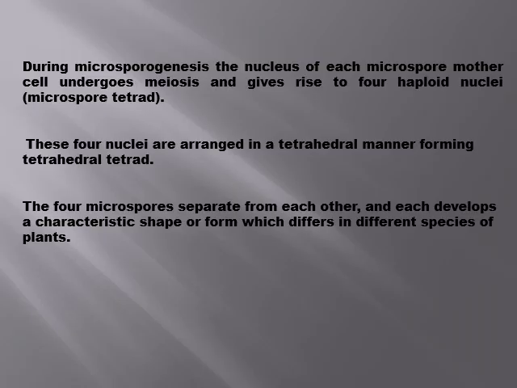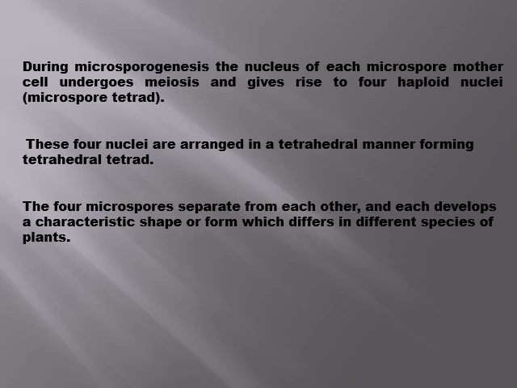During microsporogenesis, the nucleus of each microspore mother cell undergoes meiosis and gives rise to four haploid nuclei, or the tetrad. So what happens during microsporogenesis? The nucleus of each microspore mother cell divides into four haploid cells with the help of reduction division, or the meiotic division.